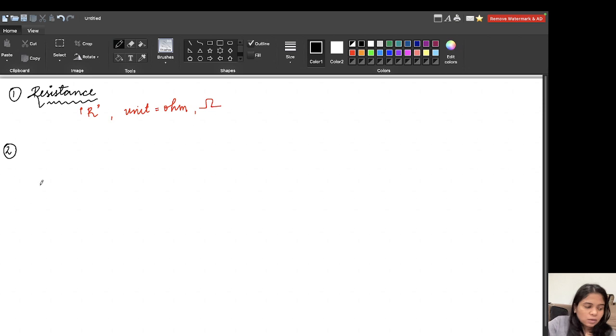The second one is your conductance. That's just the opposite of resistance. What is conductance? Opposite of R, so you'll just mention it as C equals 1 by R. And the unit will also be opposite.